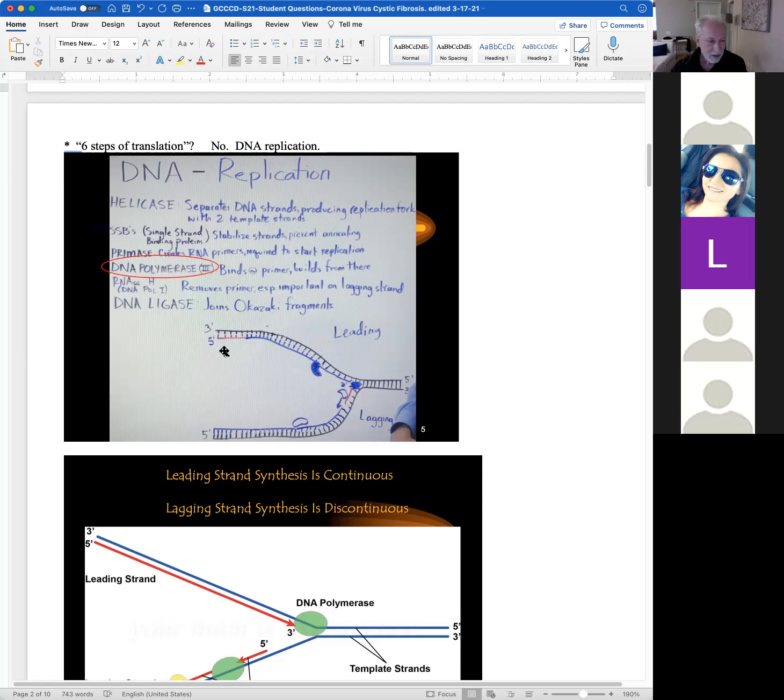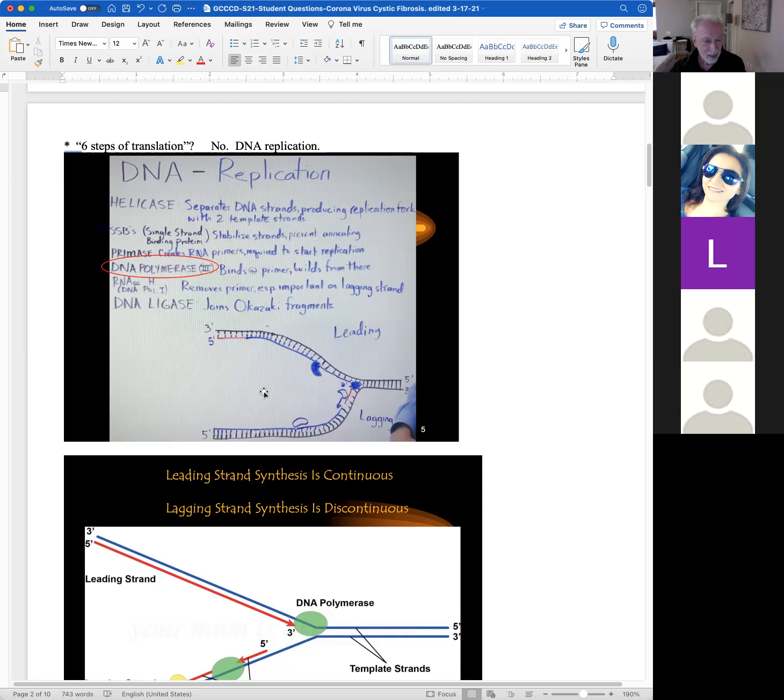So what you see is the so-called replication fork. And remember that synthesis is always from the 3' to the 5' end. And so on the so-called leading strand, synthesis is continuous. It starts at the 3' end with the primer there, and it continues, never stops, goes all the way to the end of the molecule. Never has a problem.